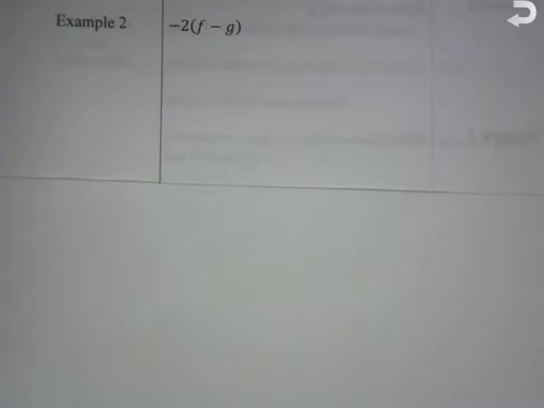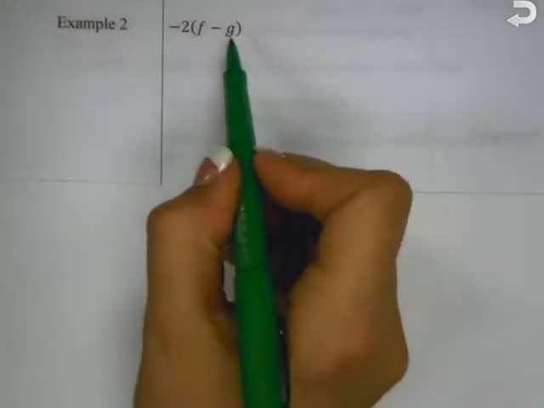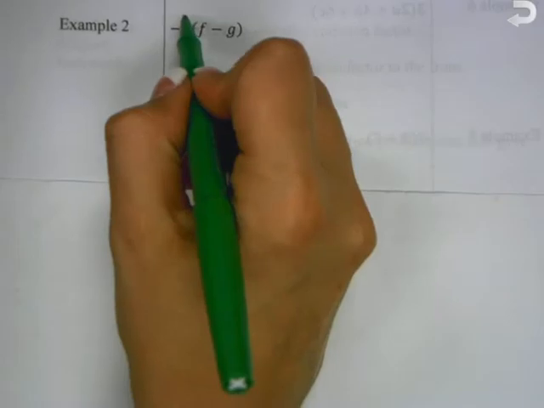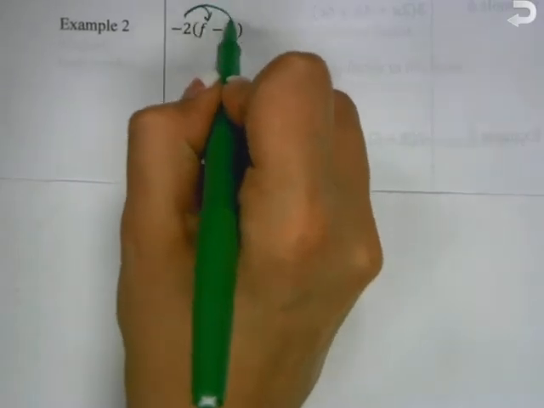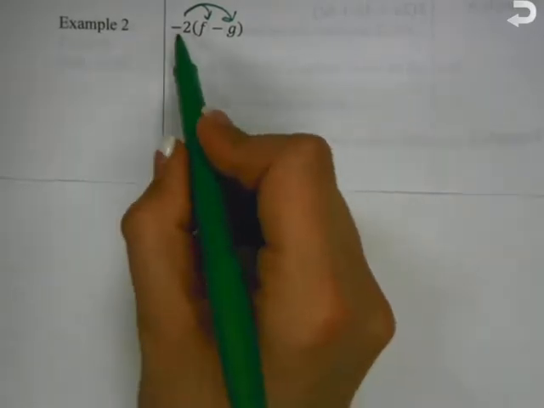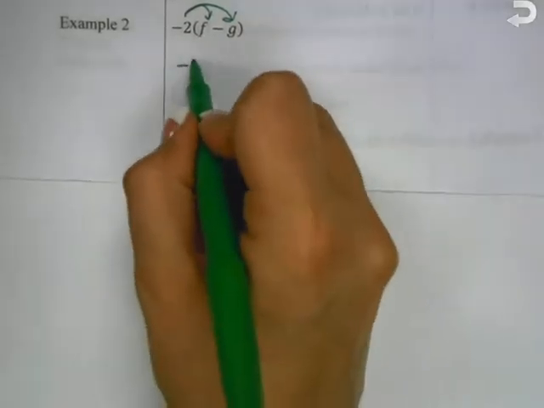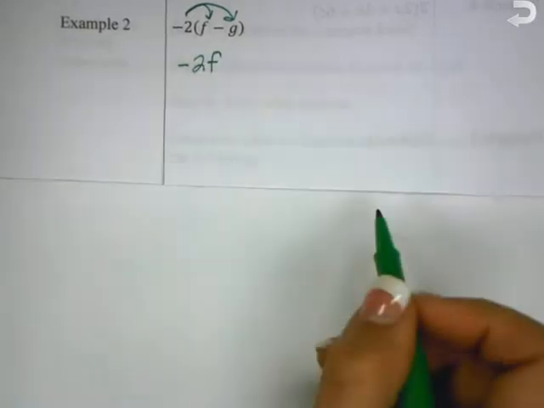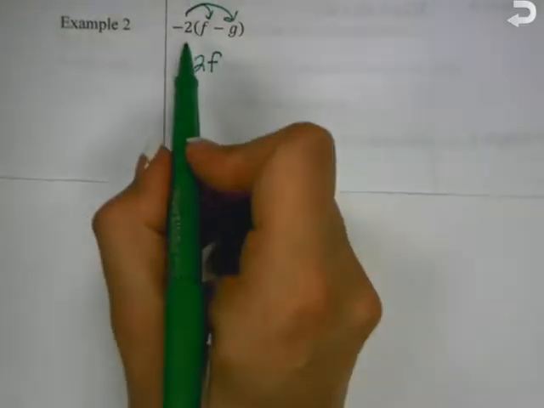This time we have negative 2 times f minus g. So I distribute that negative 2 into the parentheses. And I get negative 2 times f. That's negative 2f. Then negative 2 times g.